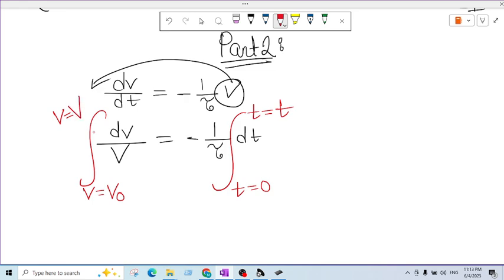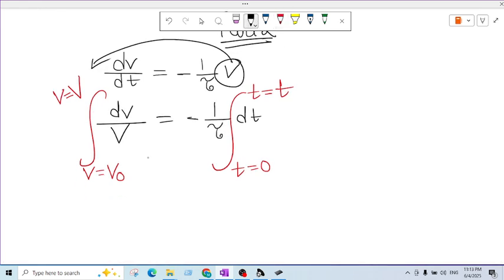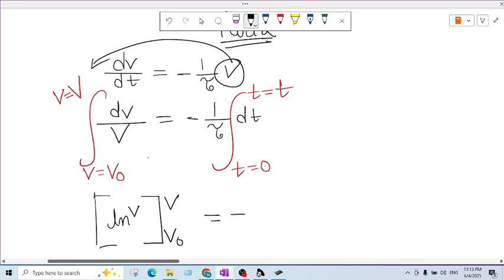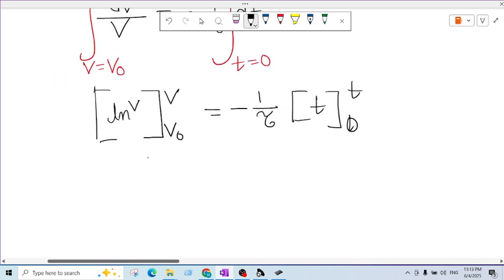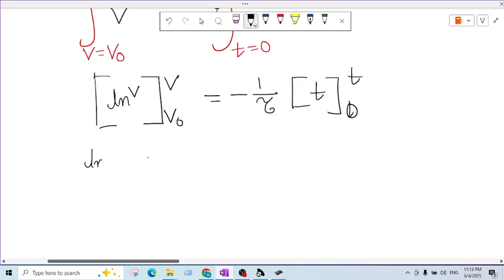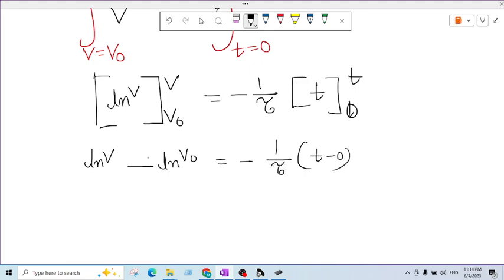Let's say v is equal to v, and if I integrate the left hand side, I will get ln v, and on the right hand side I will get t. So now let's put v here, minus ln v0, then t minus 0.